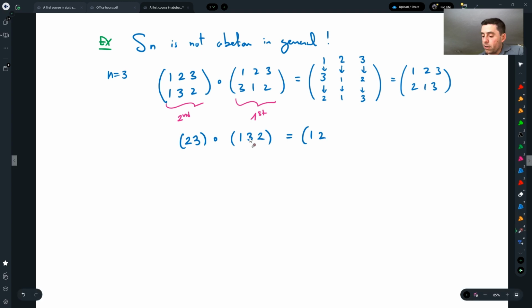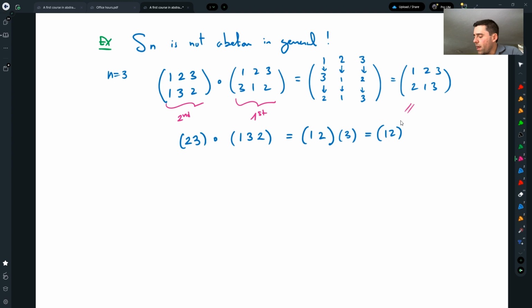And now I can see where 2 is going, since I need to know now what's happened to 2. 2 goes to 1, and 1 is fixed, so 2 goes to 1. So this closes this cycle. And then let's see what happened to 3. 3 goes to 2, but 2 goes to 3, so 3 is stable. 3 stays put.